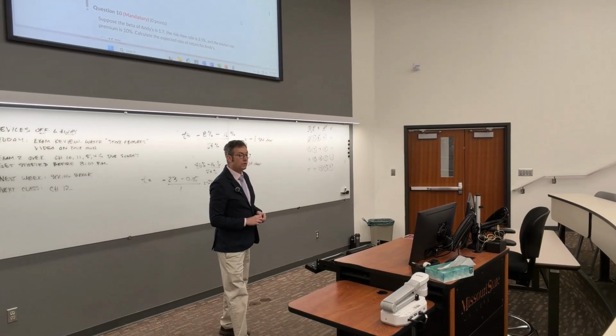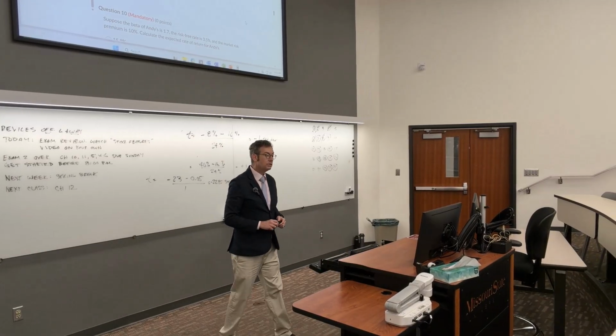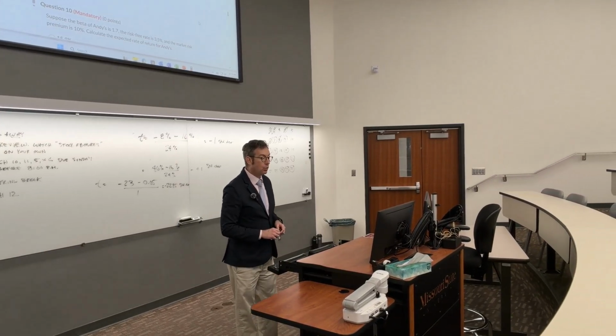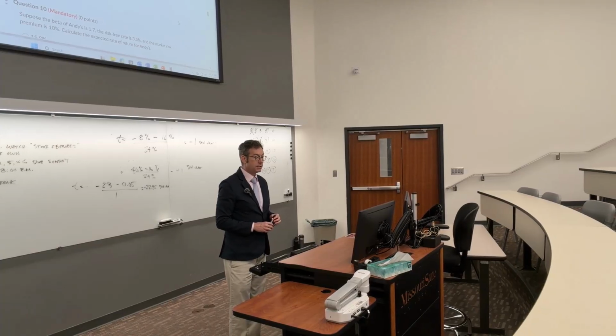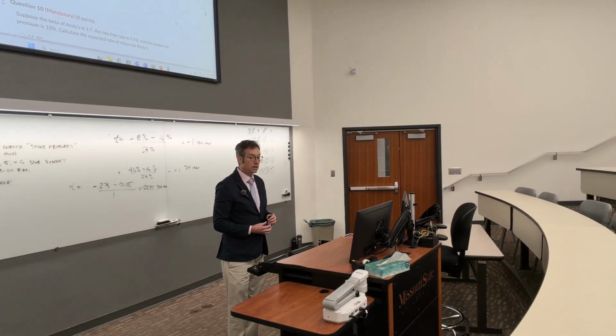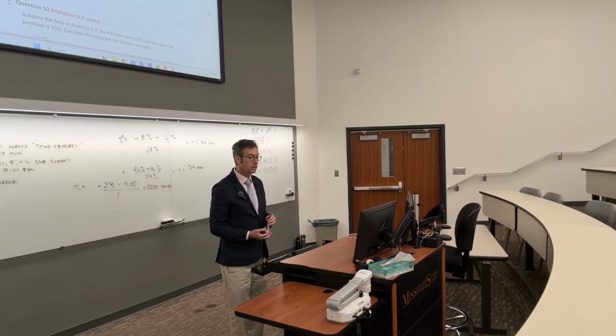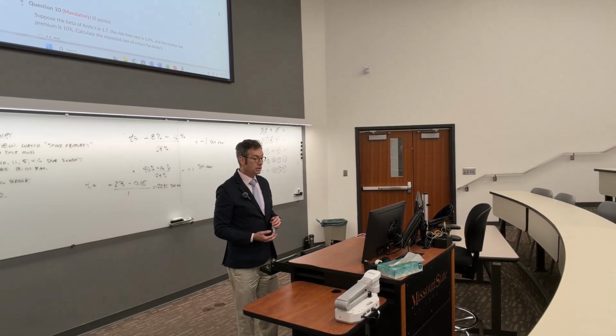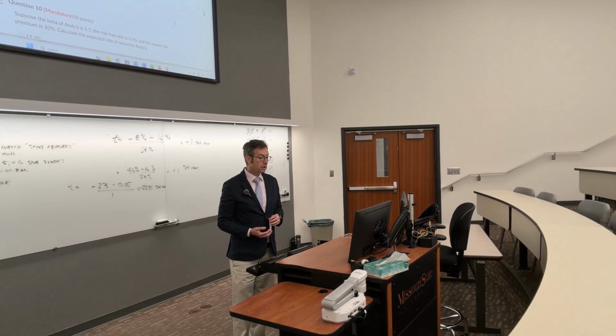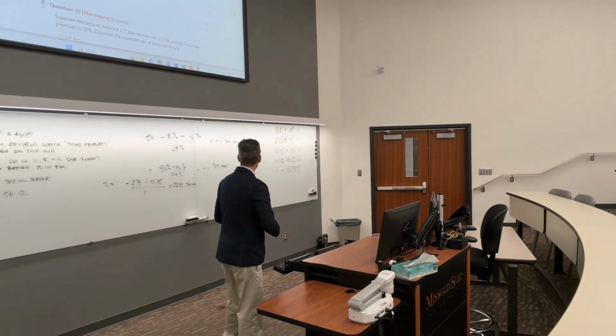The correlation coefficient between the stock and the market portfolio is plus 0.7. The standard deviation of return of the stock is 0.4%, and the market portfolio is 20%. Calculate the beta of the stock.